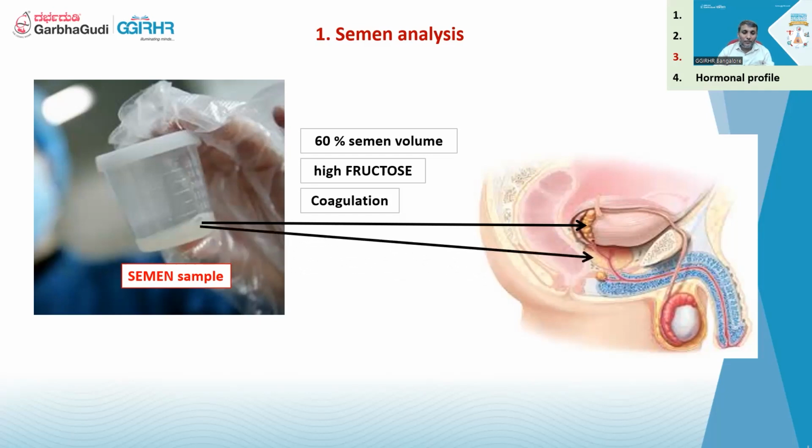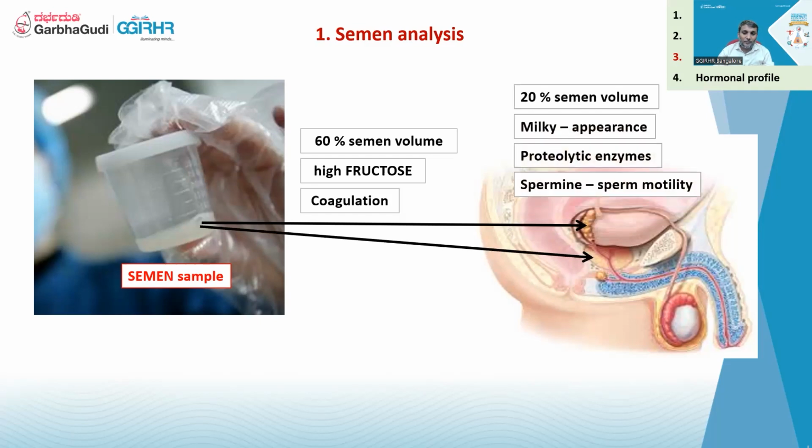Secondly, the prostate gland, which is just below the urinary bladder. It contributes 20% of the semen volume. The milky appearance of the semen is because of the prostate gland. It has a proteolytic enzyme, as well as one more enzyme which is very important for sperm motility.